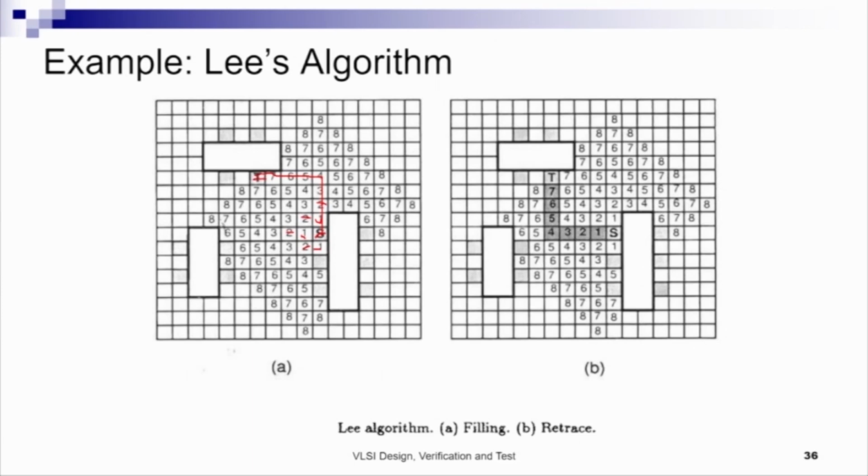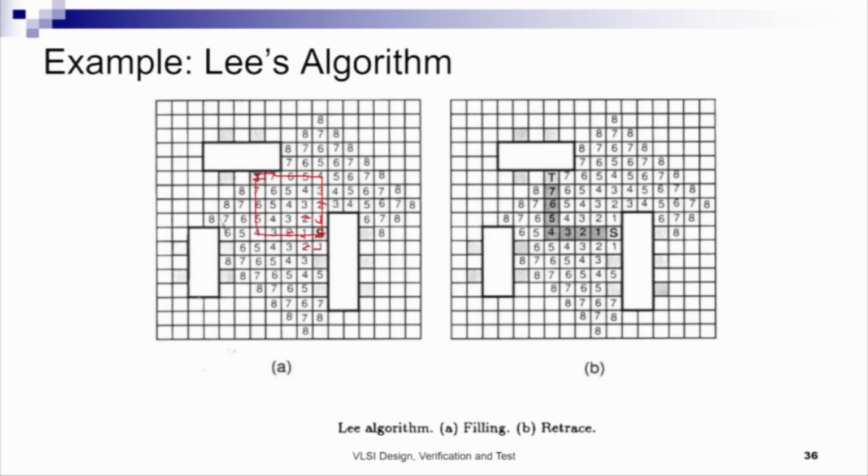Not this one, I have made a small mistake. So it will be 7, 6, 5, 4, 3, 2, 1, S.